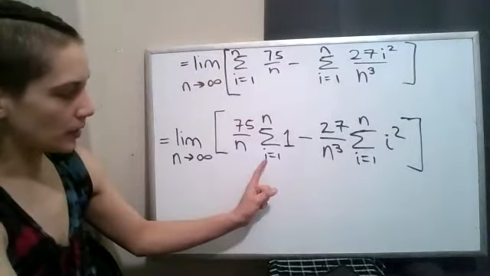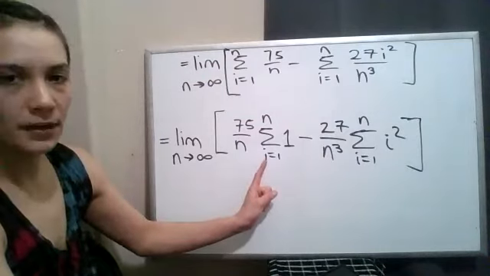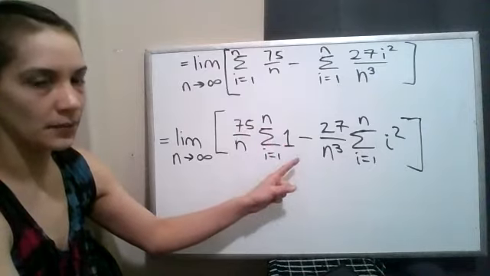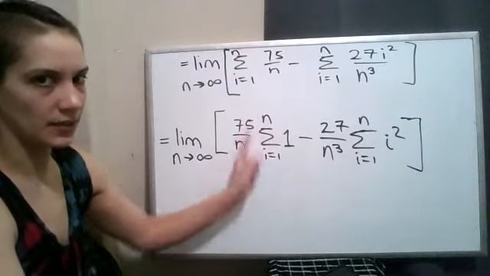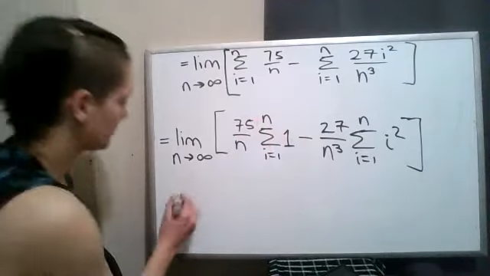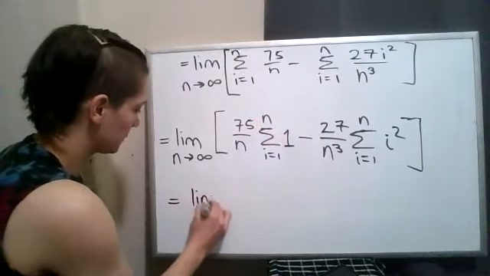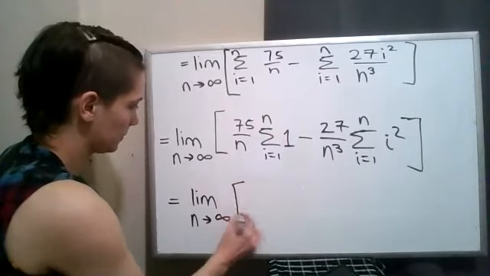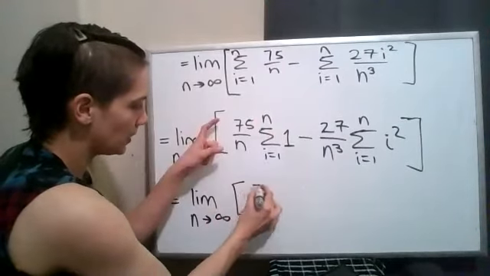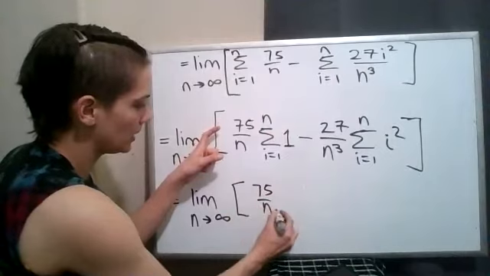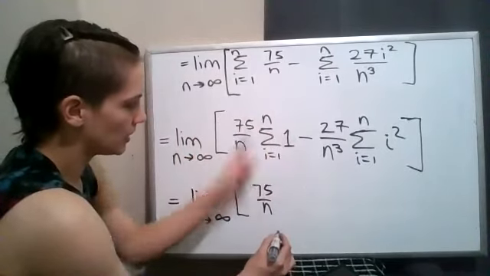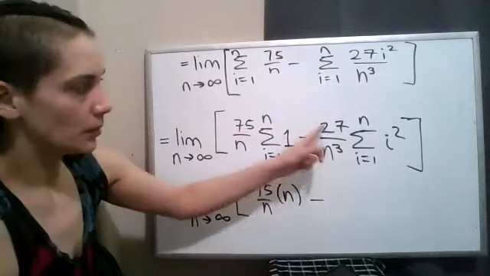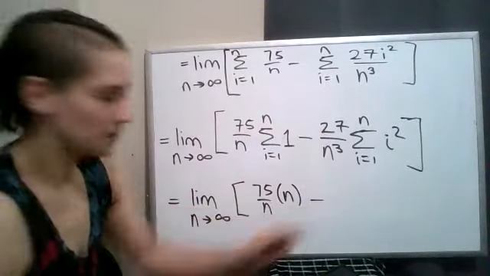So we can do the rule: the sum from i equals 1 to n of a constant is the constant times n. So 1 times n is this value here. So this part is 75 over n sits there. This sum, it sums to n. 27 over n cubed stays.